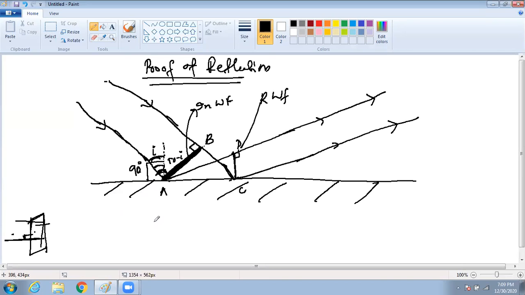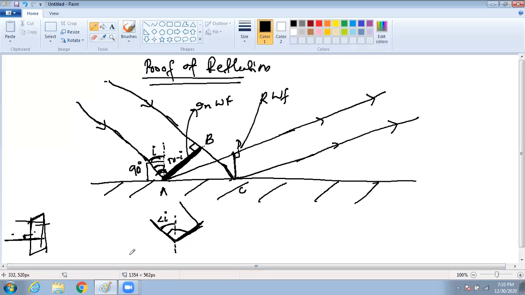Not clear? Okay, wait. This is the incident wavefront, correct? You know the angle between the ray and the wavefront is how much? 90 degrees. And the angle between the normal and the incident ray is how much?